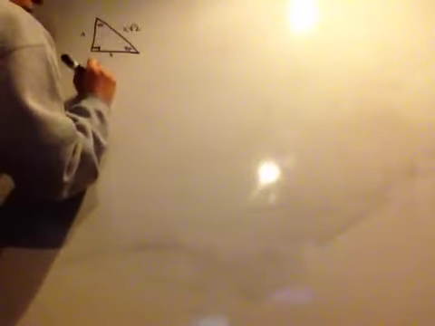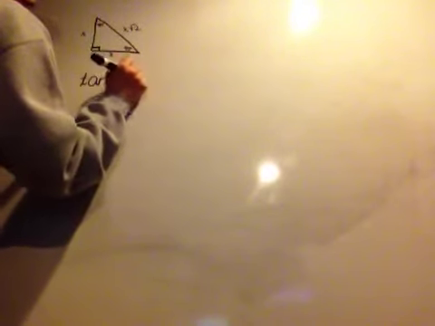So we're going to use a special right triangle to find the tangent of a 45-degree angle. You can put x's in there, x square root of 2, because when you're doing the ratio, the x's will cancel, so it won't really matter. But then it gives you something to write there.